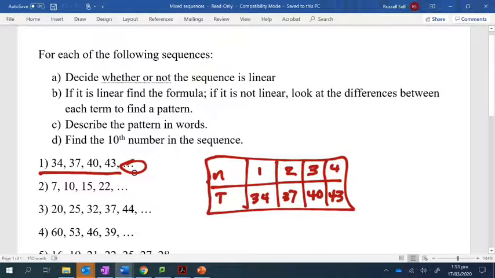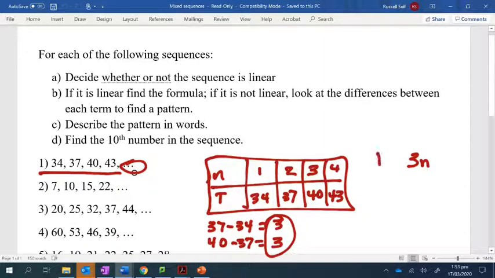So the first thing we need to do is check to see if it's linear. How can I check to see if a pattern is linear? Common difference. So we have 37 minus 34, which is 3. Then we'll do the second pair: 40 minus 37, which is 3. So what are you thinking? Common difference, so it's linear, yes. That means this 3 becomes the multiplier for your n.